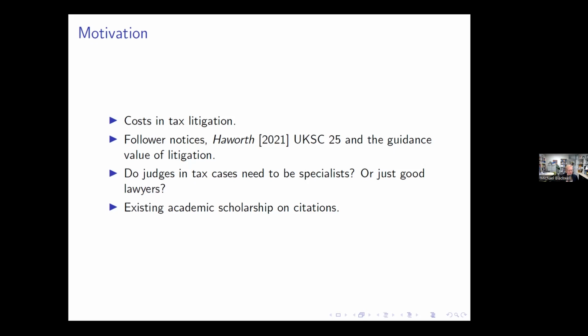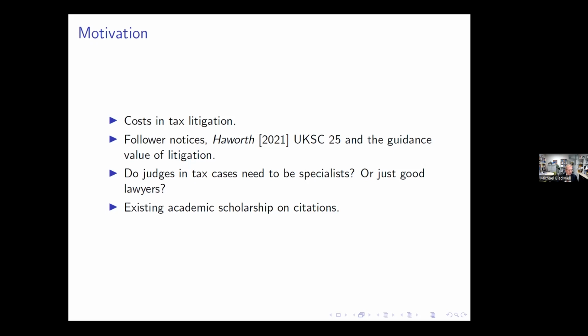In the UK, we also have this very interesting legislation that you don't have over here in Australia about follower notices. Follower notices are a way where HMRC can discourage taxpayers from entering into litigation about issues they consider have already been determined by litigation. So when HMRC has a case before it and they consider that the principles or reasoning given by an earlier decision would, if applied to those facts, determine the matter, and it's an avoidance situation, they can issue the taxpayer with something called a follower notice.